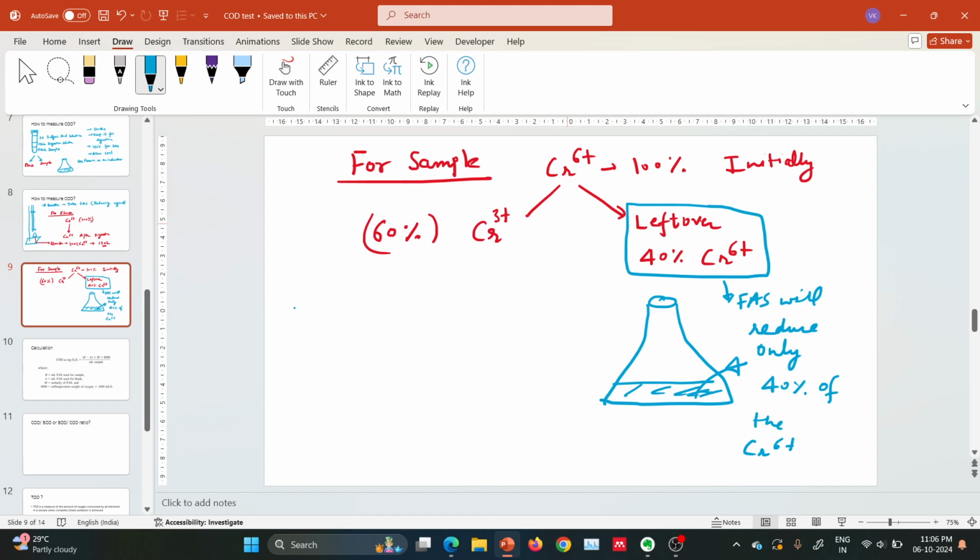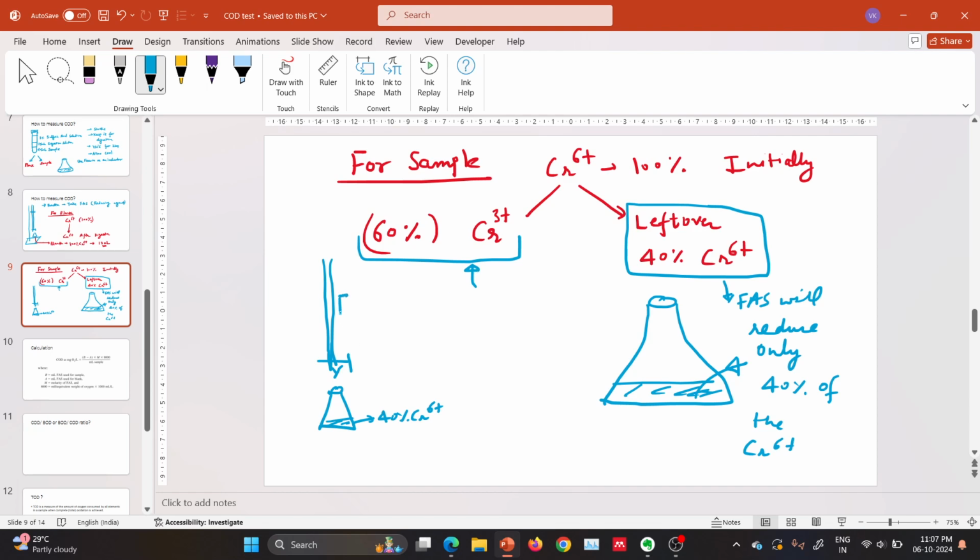So with the help of the burette, we'll titrate the solution which has now only 40% Cr6 plus, and the rest of the chromium is already in Cr3 plus form. So FAS will not react with this ion.